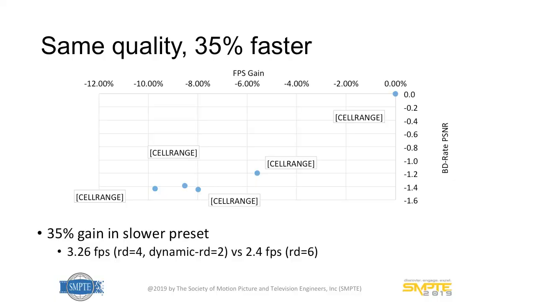And again, here is the result, and you can look at it in two different ways. One, given an RD level, enabling this dynamic control will get you to a much better quality at a small penalty of 8 to 10% of your encoding speed.